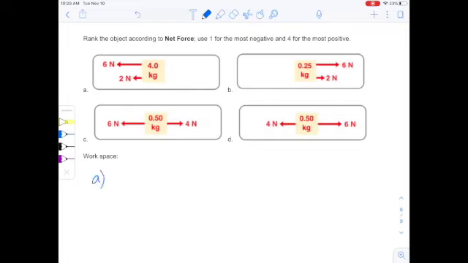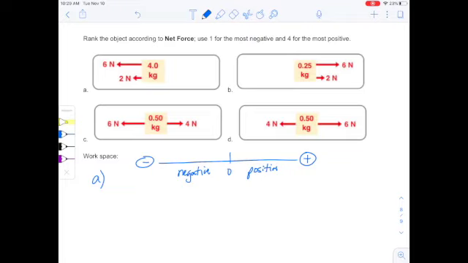Here's A. And I can see for A that my forces are only to the left. If we had a number line here with 0, our negative numbers are going to be to the left and our positive numbers are going to be to the right.